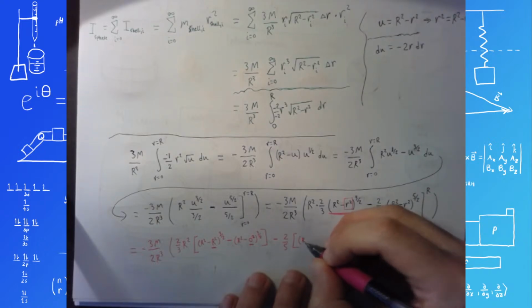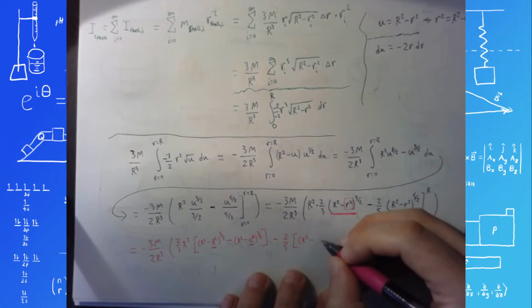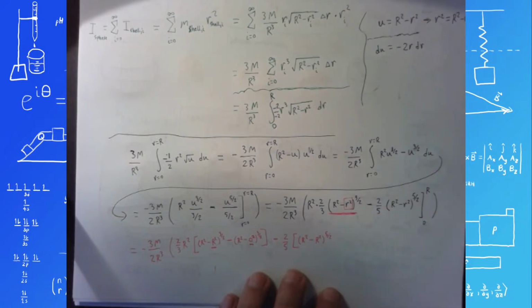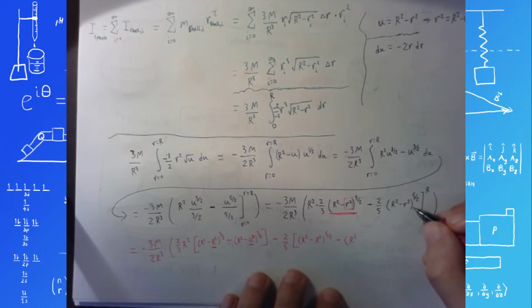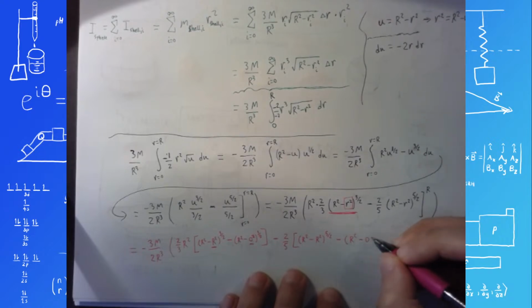So it's going to be big R squared minus plug in big R, and then that's to the 5/2. And then minus big R squared minus little r squared becomes 0 squared here to the 5/2.